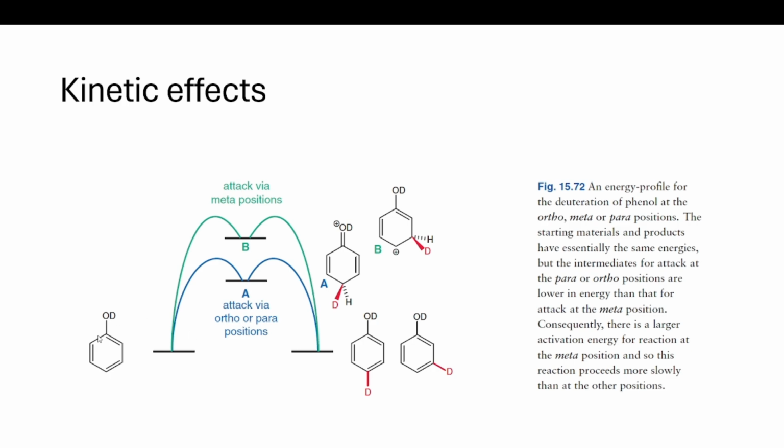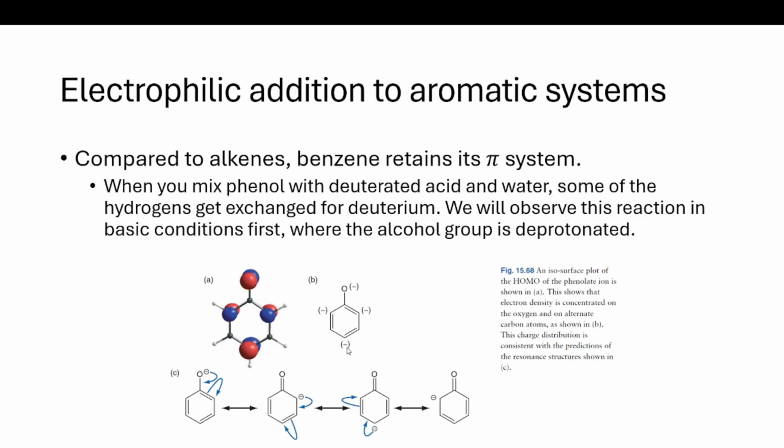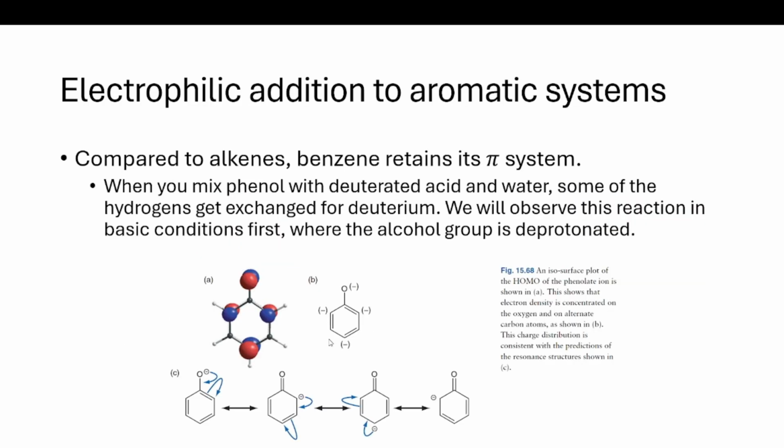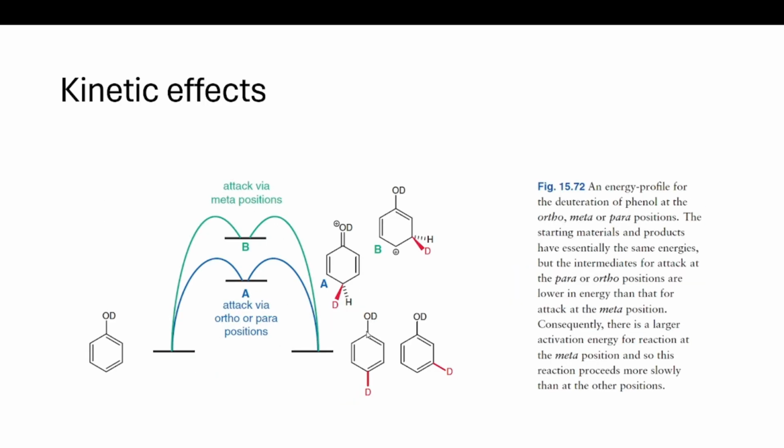Because they have greater electron density, it's much easier for deuterium to be substituted into these positions, which is here, here, and here relative to this. However, if you attack via this meta position, which is here and here, this is going to be harder, and you're going to have to overcome a greater energy barrier.